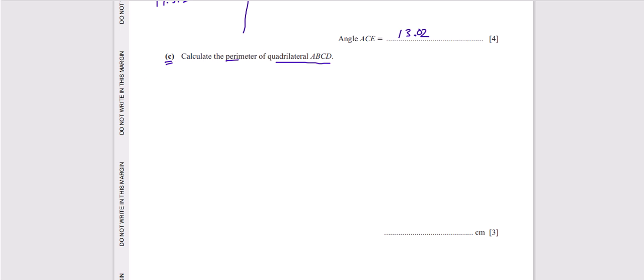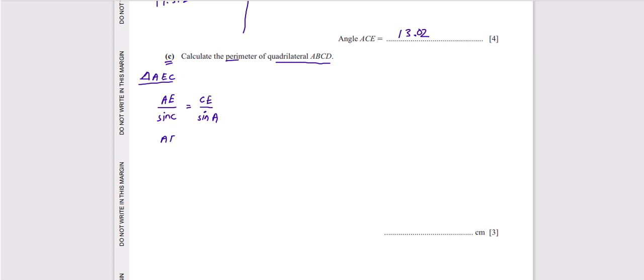Like this we use triangle AEC. To find the side of AE, divided by sine of the opposite angle, the opposite angle of this side is C, is equal to CE divided by sine A.